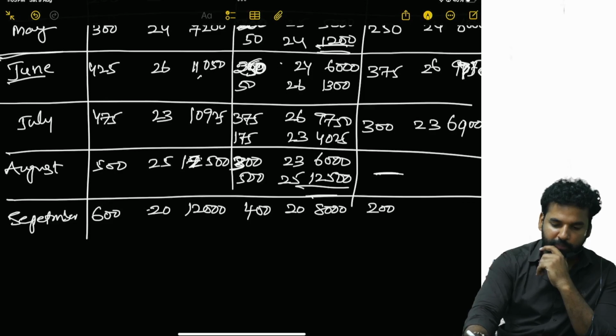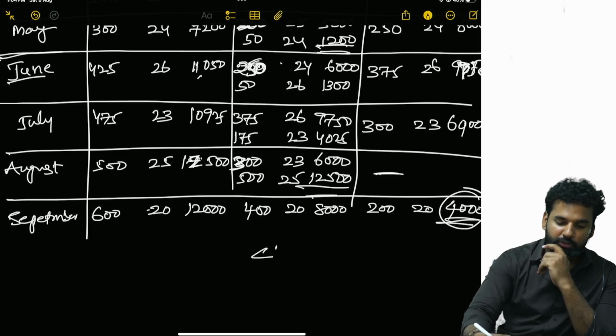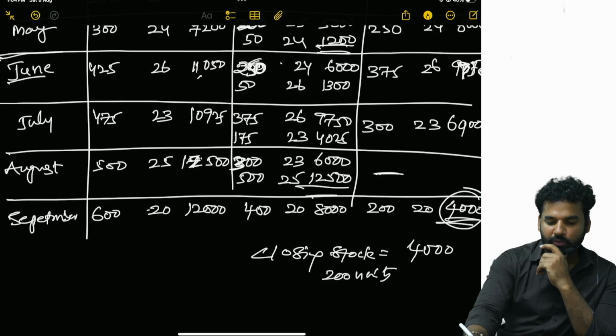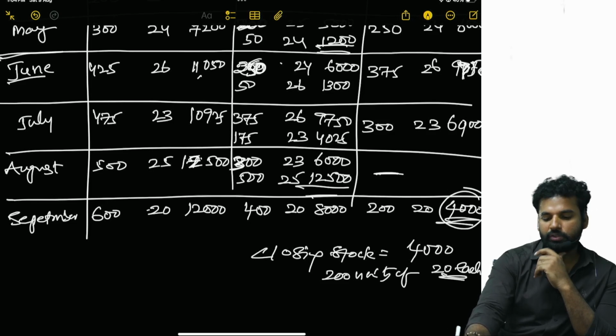So 200 remaining at 20. What is the rate? 4,000 will be the closing stock. So closing stock is equal to how much? 4,000, 200 units of 20 each. Is this okay?